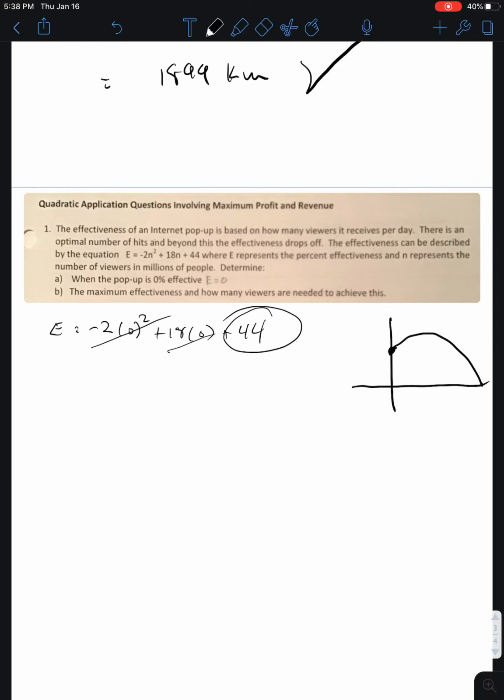So what would that mean? Maybe I can use the graph paper. Yeah, that'd be useful to help you visualize what's going on. So if I plug in 0, how many viewers does it receive per day?